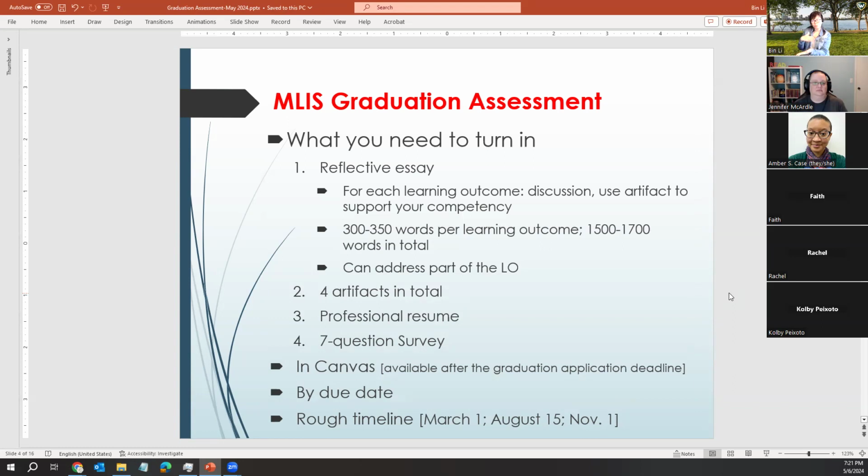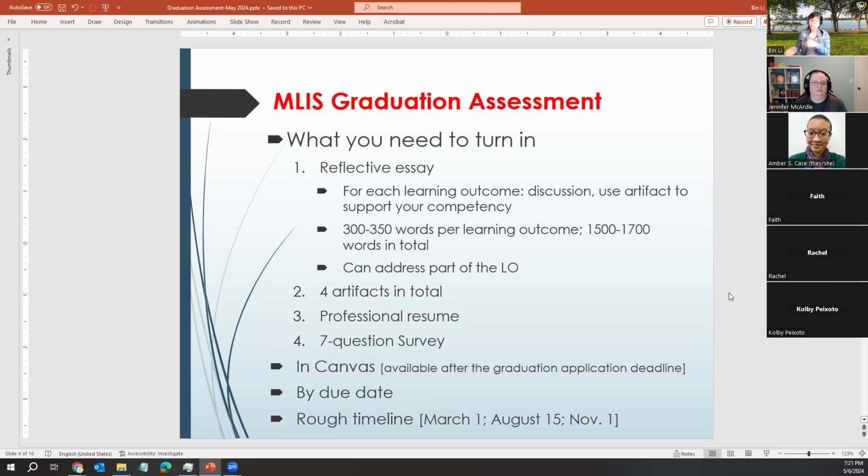What's more important is how you talk about the artifact, its background, and why what you did shows that you are proficient in that competency. It's more about how you discuss the artifact and relate it to the learning outcomes.